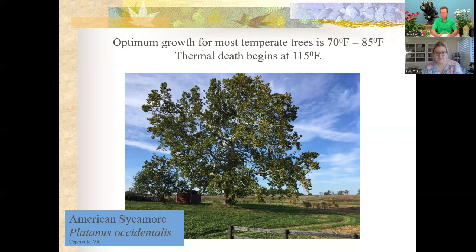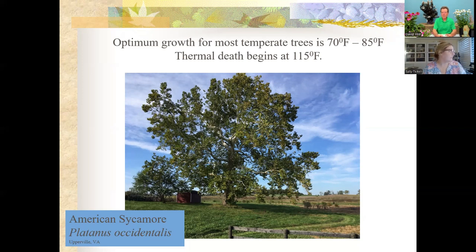But if I take this generalist view and say that most of our woody plants that grow in this mid-Atlantic temperate region where we live, their optimal growth temperature is about 70 to 85 degrees. So their happy place, when you're out there like we were in that April, May time period, they're well adapted to those kinds of environments and temperatures.